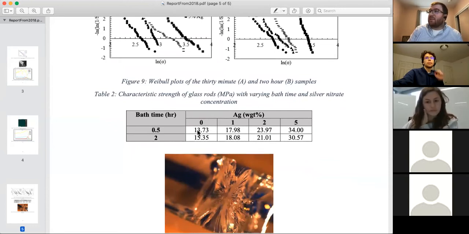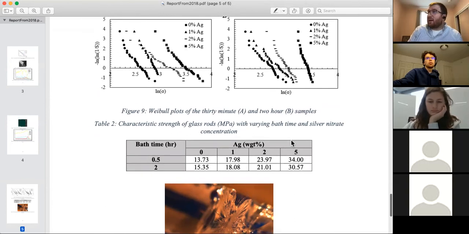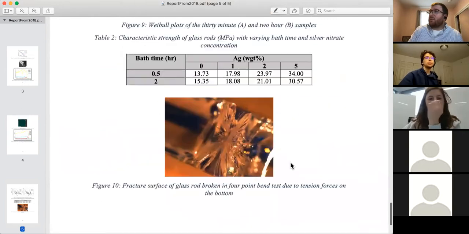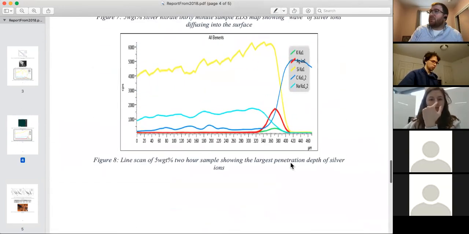So in this case, you did seem to get an increase in the first 2, but then afterwards, these 2 with the 2 and 5% silver actually went down a little bit with the strength, if I'm reading that correctly. But you did see an increase with the concentration.